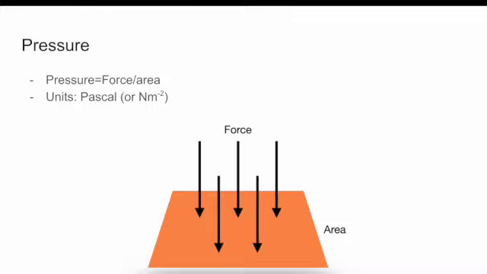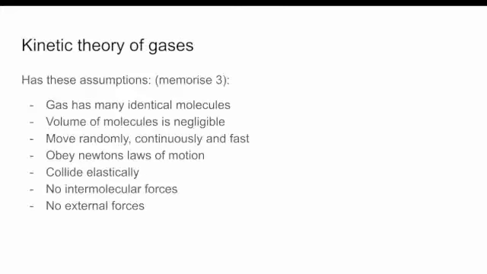So pretty much what a gas does, if we go here, is that the gas is basically moving randomly, continuously, and fast. So every single time it collides with the container wall, it hits elastically, and according to Newton's law, because it now hits and bounces off, there's a change in momentum because the direction changes.